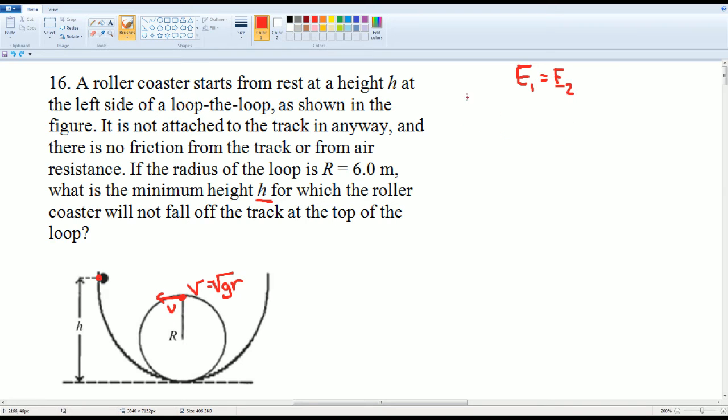Let me just do it all from scratch: Us plus Ug plus K is equal to Us plus Ug plus K. There's no spring, and there's no kinetic at the start. There is some potential because there is a height. Now you plug in its values: mgh is equal to mgh plus 1/2 mv squared. All the masses cancel out.